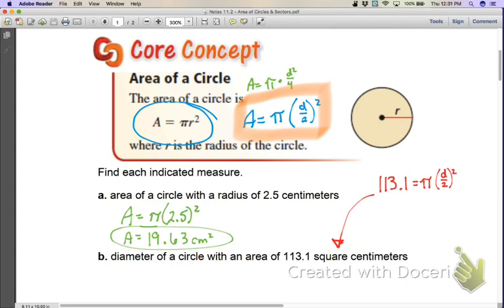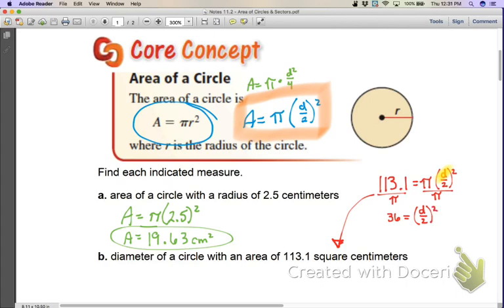So we're going to need to do about 3 things. First thing I want to do, I'm trying to get d by itself. So I'm trying to get the diameter by itself. So in doing that, how do I get rid of pi? Divide by pi. So if I divide 113.1 by pi, I'm going to get 36. There's a lot of zeros in there, so we're just going to call it 36 equals d divided by 2 squared.